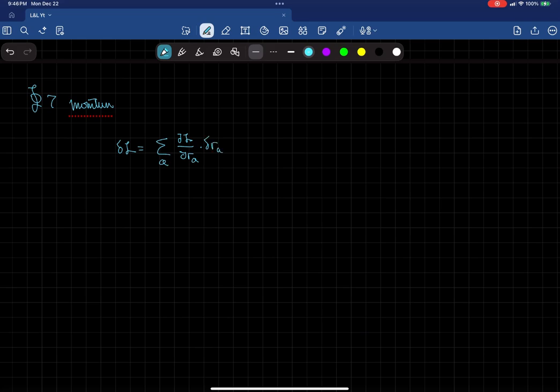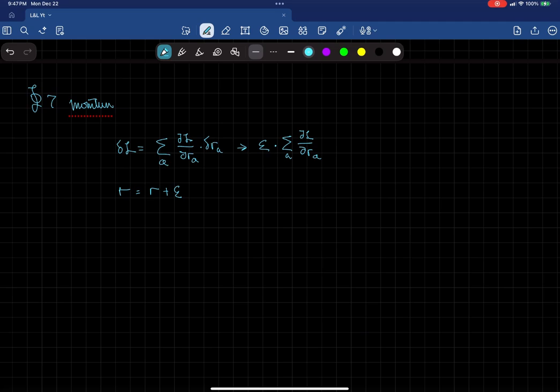And if we say that our radius vector becomes our original radius vector plus the infinitesimal change, I'm going to call that epsilon, then we can see from that formulation that it is just equivalent to epsilon times the sum over A of del L del RA.